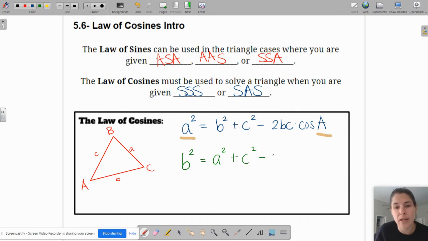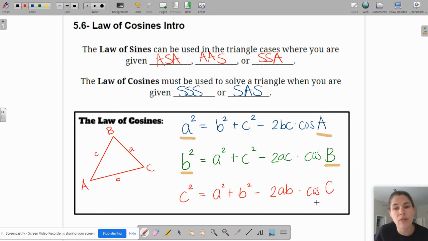So this would be minus 2, and I would use A and C times the cosine of, since we started with side B, angle B. Again, the B's match on the ends, and everything else deals with A and C. Then the last version is side C squared equals, I didn't use A or B yet, so it's A squared plus B squared minus 2AB times the cosine of angle C. Again, side C and angle C match. That's what's on the end.